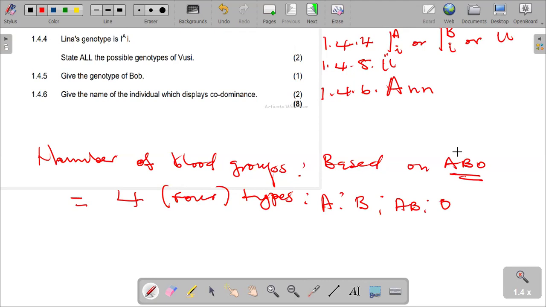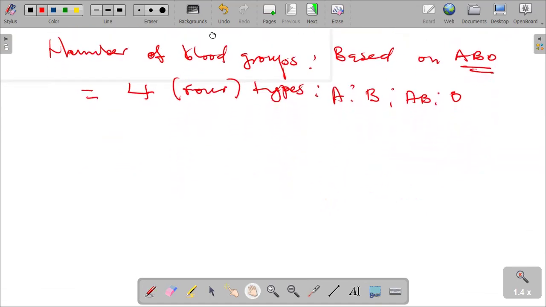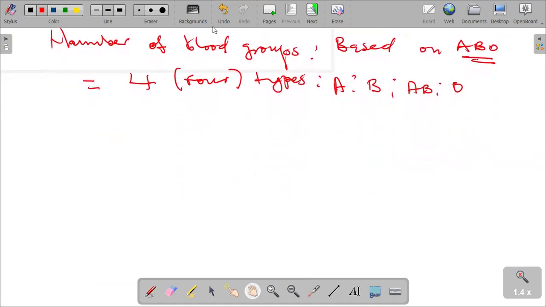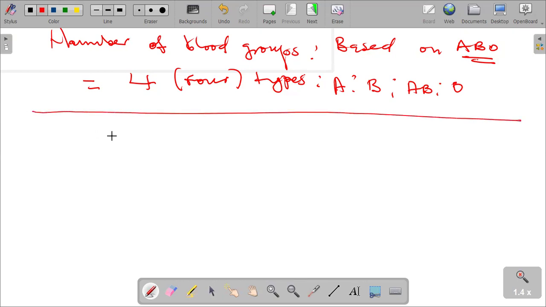So I would want to present this table to further make this topic of blood typing complete and thorough. I'm going to just quickly draw it here, which is going to have our blood types.